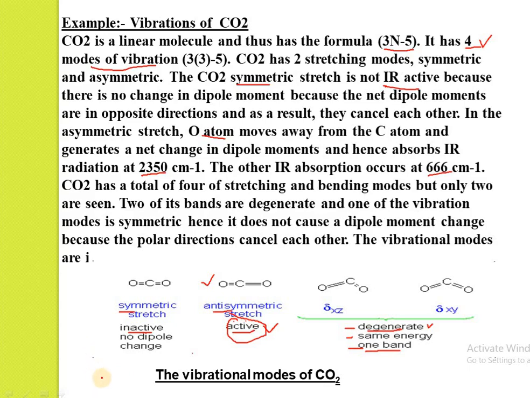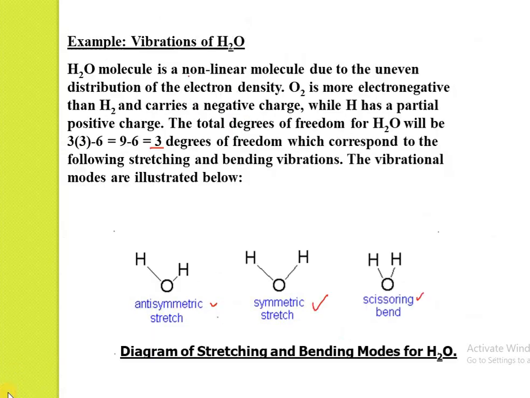So these are the 2 examples, one of a bent structure or non-linear molecule, and the second is linear. Now you can again see the vibrations of carbon dioxide. These are both stretching, and these are the bending vibrations, and these bending vibrations are degenerate. And similarly in water, these are the vibrations.